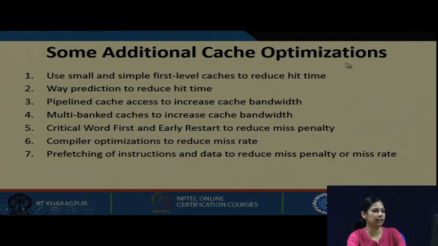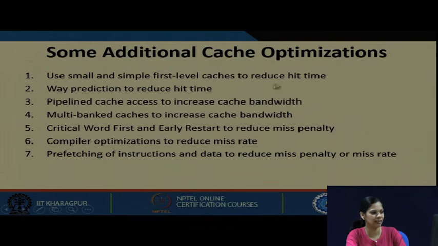These are some additional cache optimizations: use small and simple first level caches to reduce hit time, way prediction to reduce the hit time, pipelined cache access to increase cache bandwidth, multi-banked caches to increase the cache bandwidth, critical word first and early restart to reduce the miss penalty, compiler optimization to reduce miss rate, and prefetching of instruction and data to reduce miss penalty or miss rate.